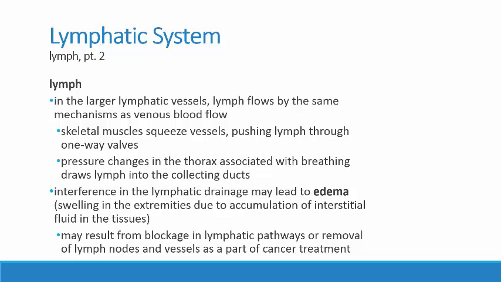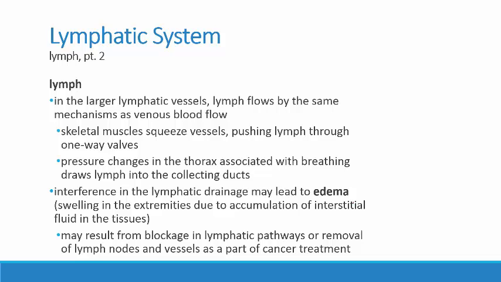Higher pressure occurs in the abdominal region, and that helps to push the lymph upward to the subclavian veins. So without a pump involved here, it really has to rely on both the muscular action and this respiratory pump to get lymph returned back to the blood supply.